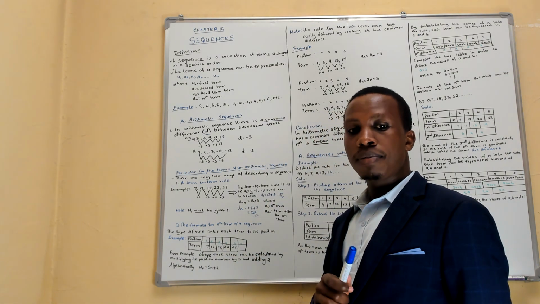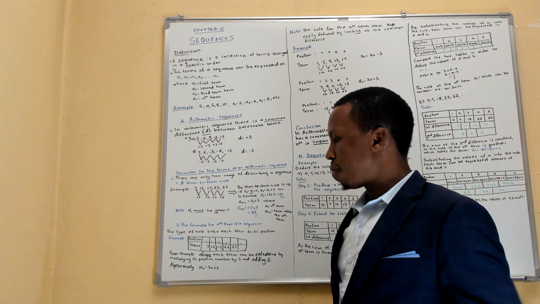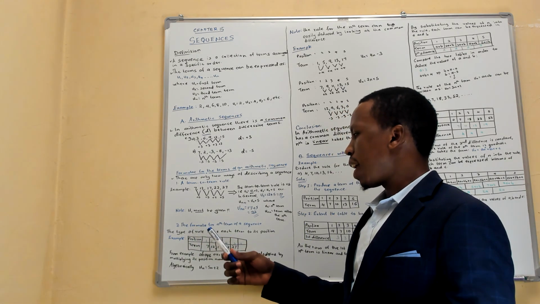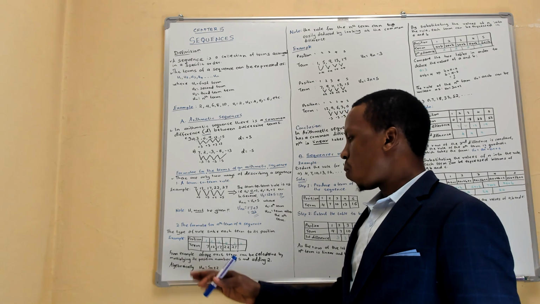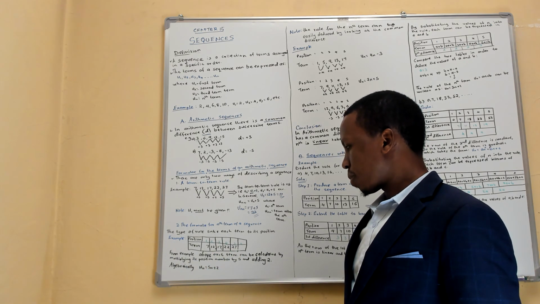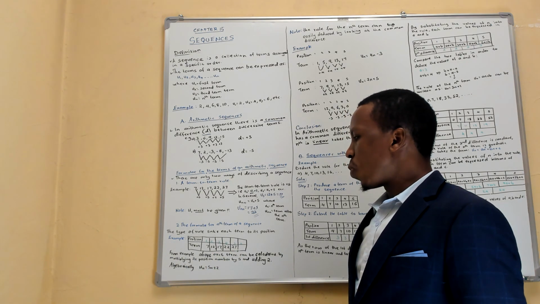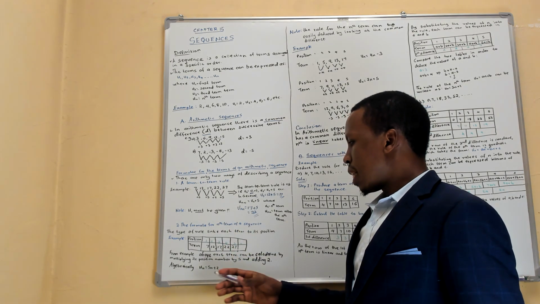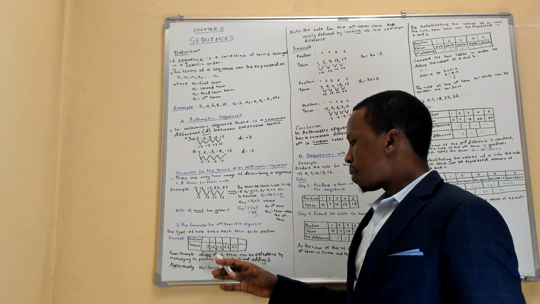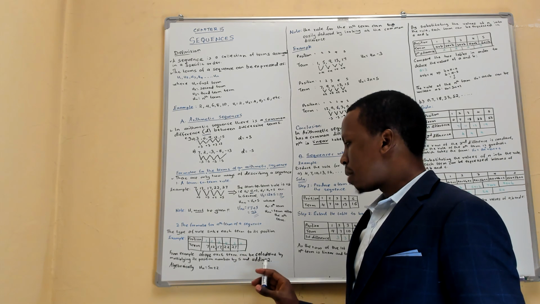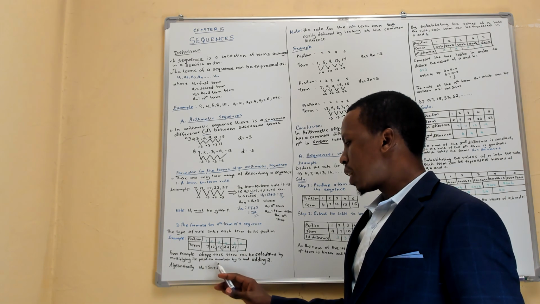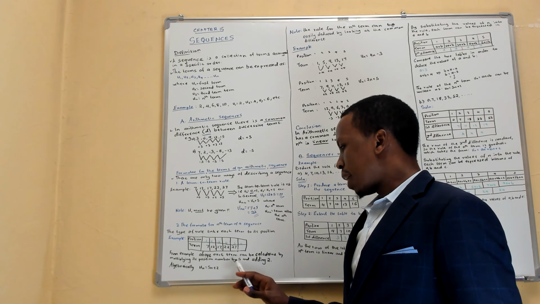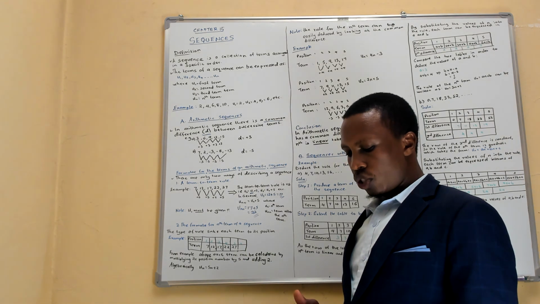Now, if I don't have such a sequence listed, and I want to use this formula of the nth term of the sequence, you should be able to see from the example above that each term can be calculated by multiplying its position number by 5 and then adding 2.